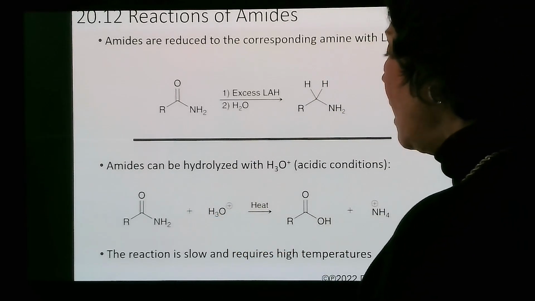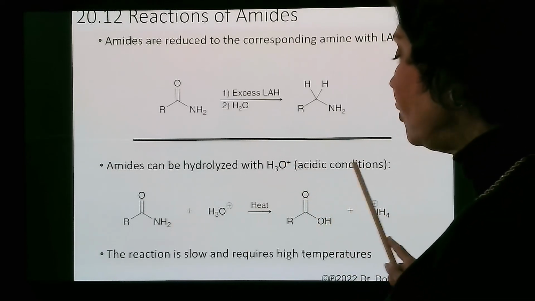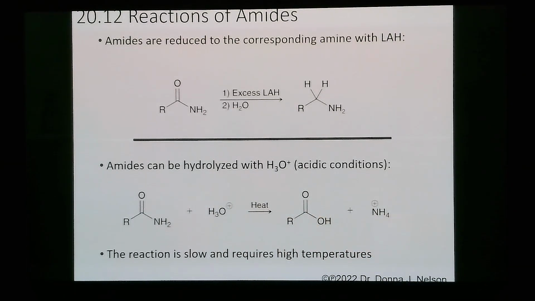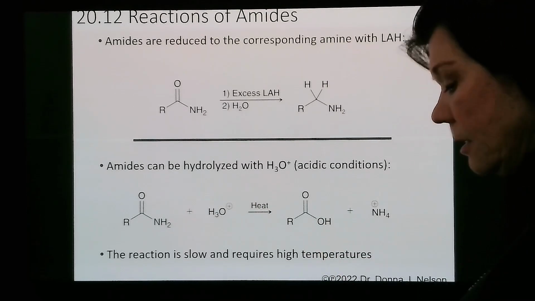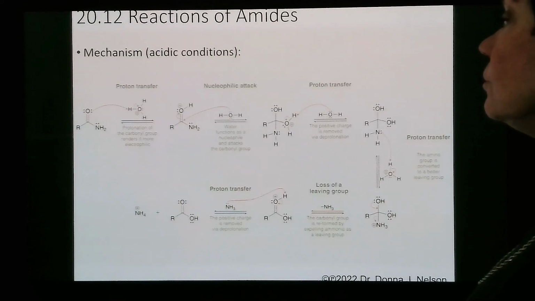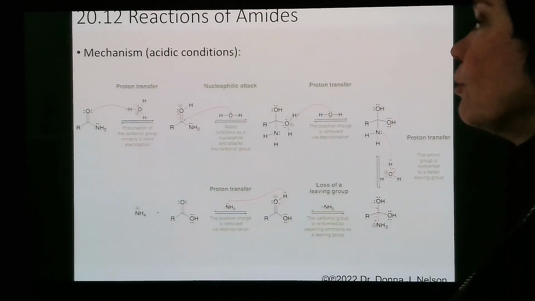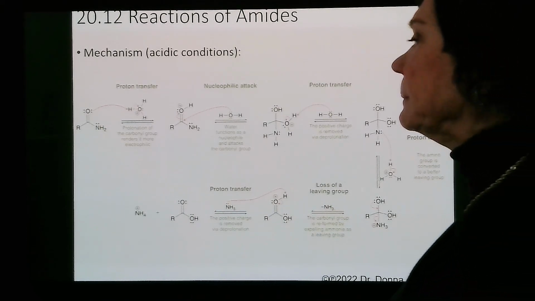Amides can be hydrolyzed with dilute acid to give you the carboxylic acid. But it's not a great reaction in the heat. It is high temperatures. So let's look, however, at the mechanism for that reaction. It's good for you to see as many of these mechanisms as possible.